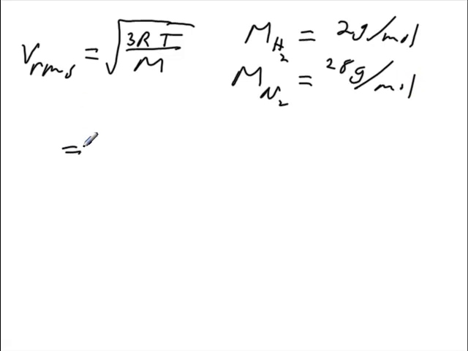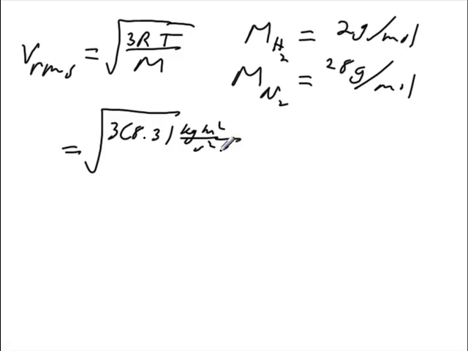So if I plug that in here, the square root of 3 times 8.31 joules, or kilograms meters squared per second squared, per mole Kelvin, times room temperature, well, let's say about 22 degrees Celsius, or 295 kelvins.